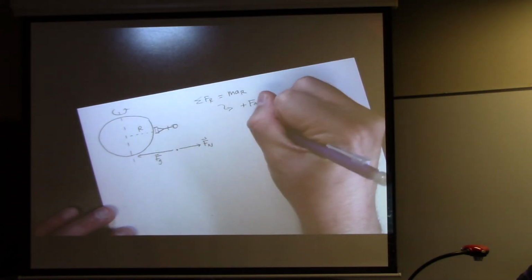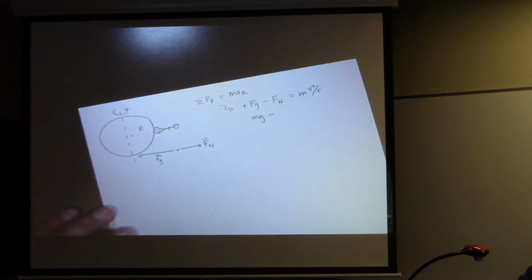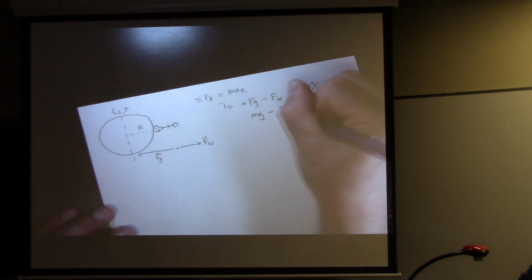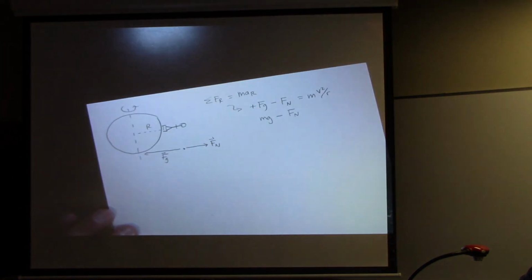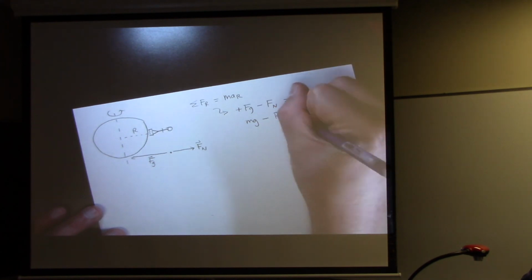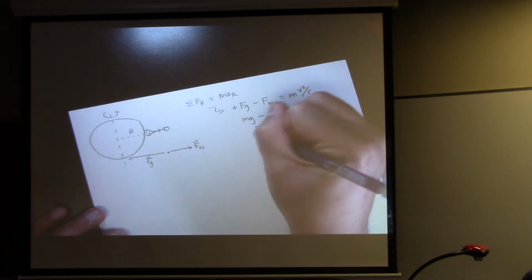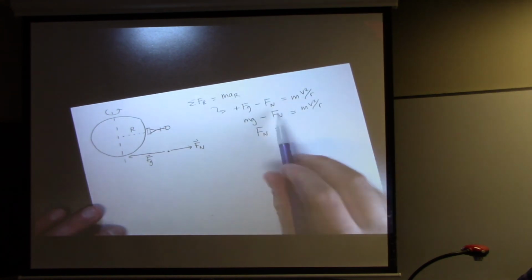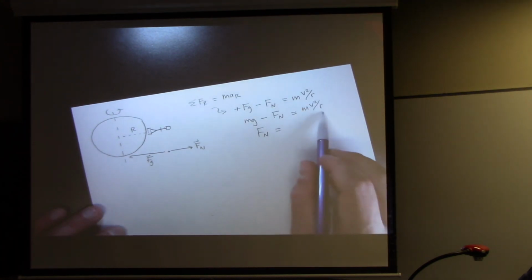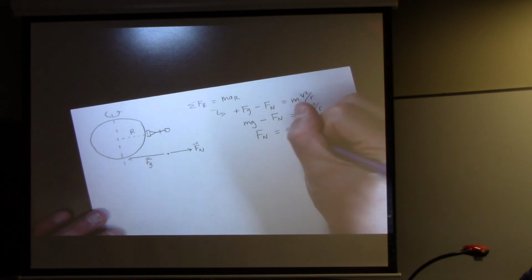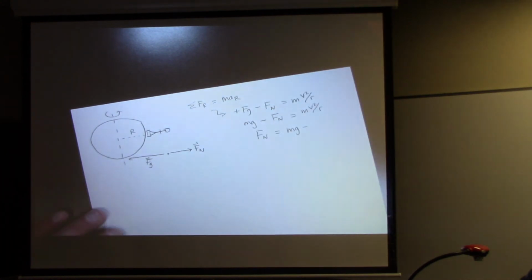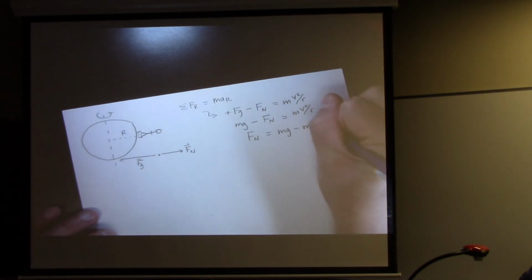Well, the force of gravity is just m times g. You can think of it that way. And the normal force is just Fn. And that's equal to mv squared over r. We're going to solve for Fn by adding it to both sides and subtracting mv squared over r from both sides. So Fn is mg minus mv squared over r.